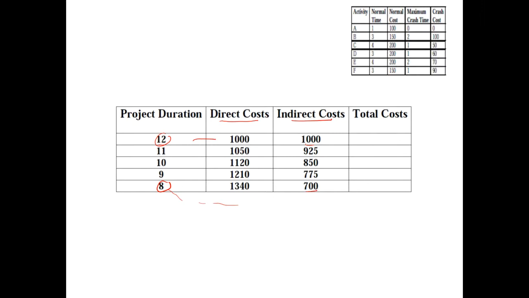So if we try to work out what is the optimal value, keeping in perspective both the direct and the indirect cost: if we deliver this project in 12 weeks, the client has to incur 2,000K. If we deliver it in 11 weeks, it is 1975. Then 1970.